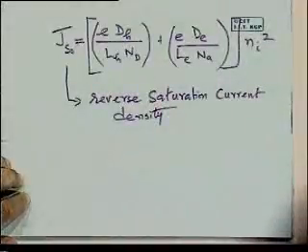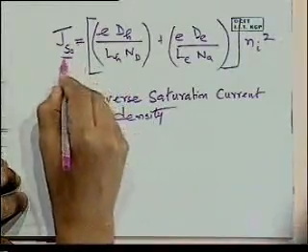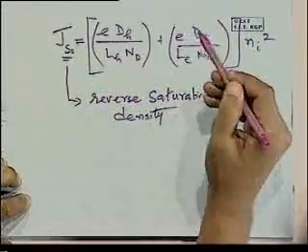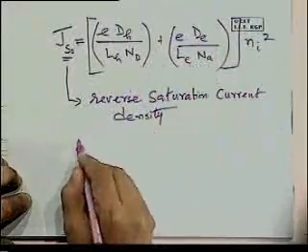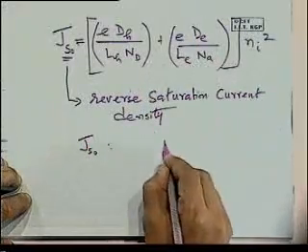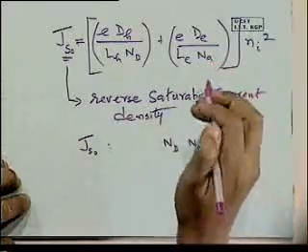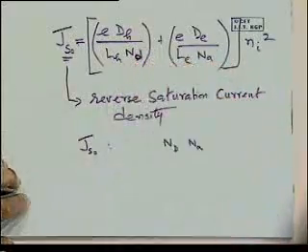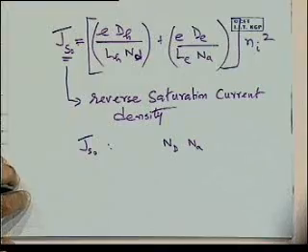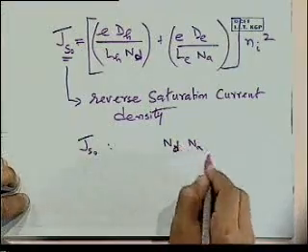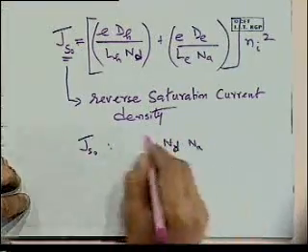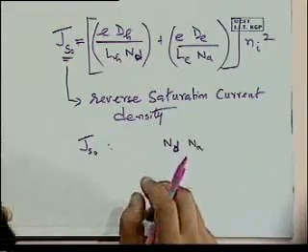Now, we see that J_S0, the reverse saturation current density, depends on doping, for example, N_D and N_A. I hope I'm consistent. N_D, donor, and N_A, we have. So those are doping parameters, how I have doped the P and N sides.